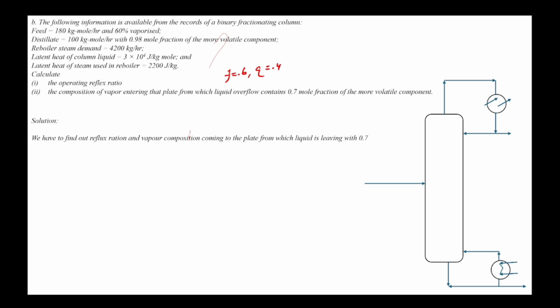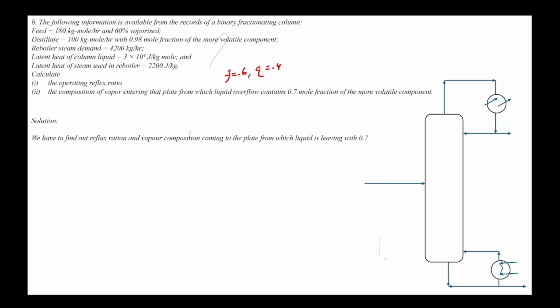Reboiler steam demand is 4200 kg per hour. Latent heat of column liquid is 3 into 10 power 4 joule per kilomole. Latent heat of steam used in the reboiler is 2200 joule per kg. Calculate the operating reflux ratio and the composition of the vapor entering that plate from which liquid overflow containing 0.7 mole fraction of the more volatile component.